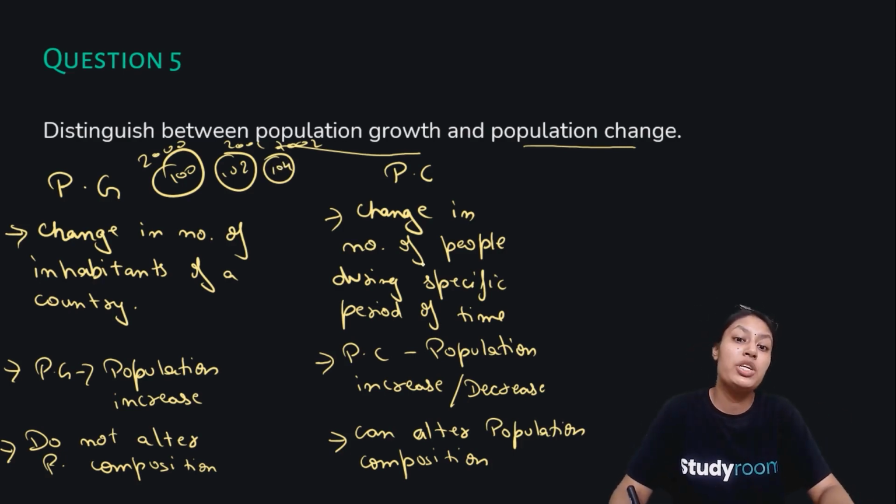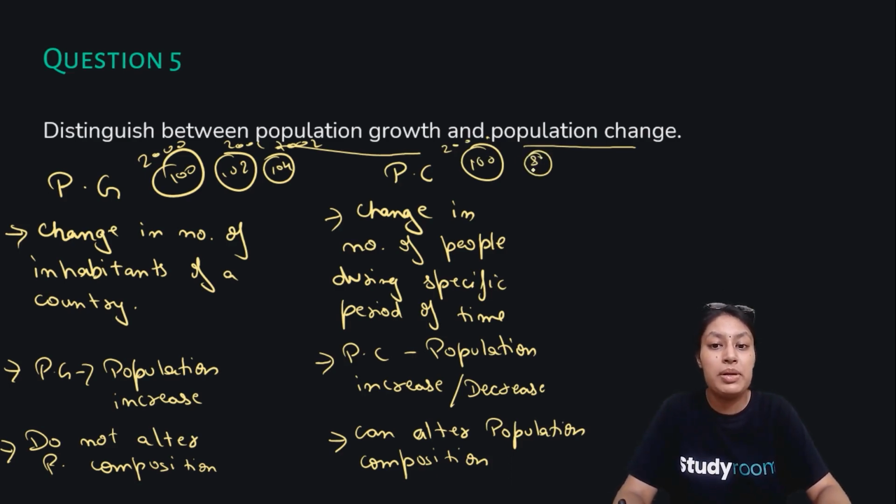But population change is for a specific period of time. For example, in this region in 2000, let's say 100 people are living, and now 80 people are living because 20 people have moved to another state.